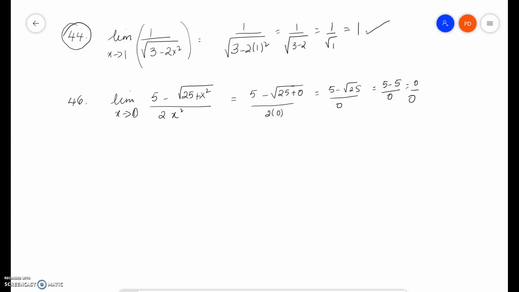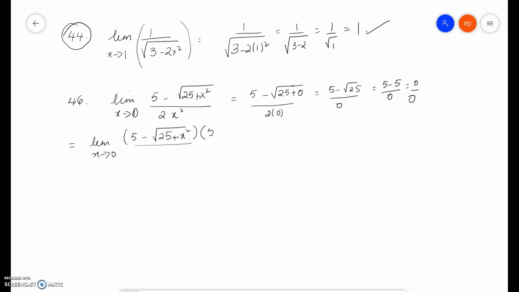There is one technique we could try, and that is multiplying and dividing the expression by the rationalizing factor of the radical expression. The radical expression sits in the numerator.